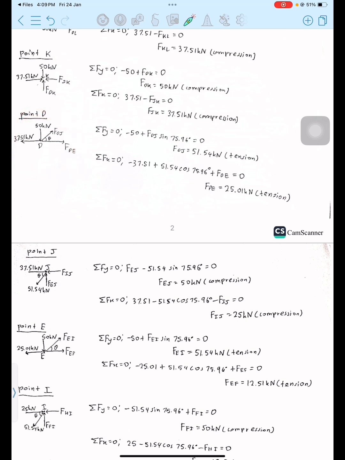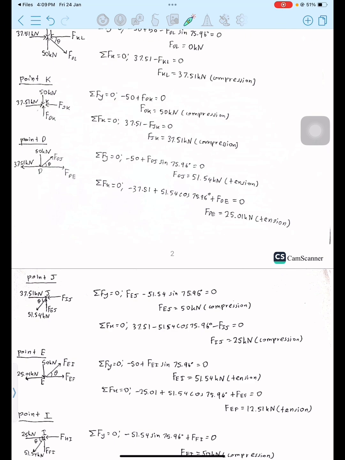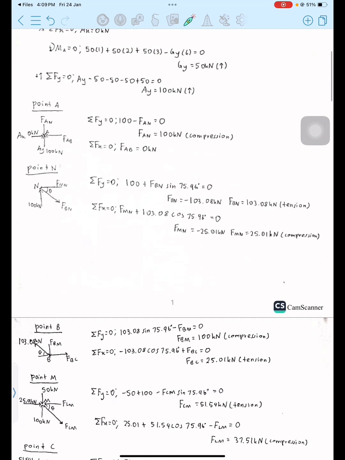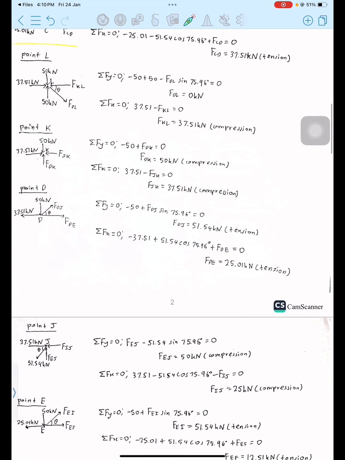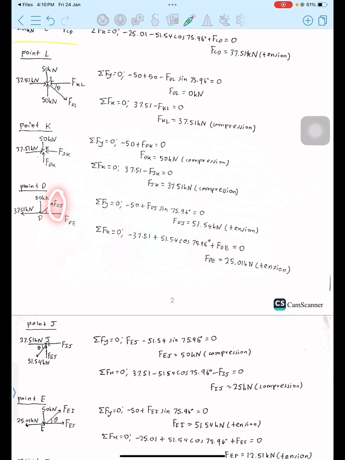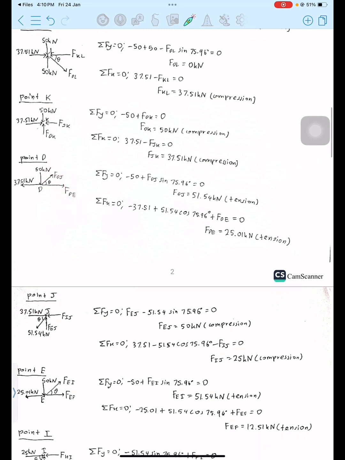We have 50 kilonewtons pointing toward the D point, 37.51 kilonewtons pointing upward from the D point here. And we have FDJ also pointing upward from the D point, and FDE also pointing upward from the D point.